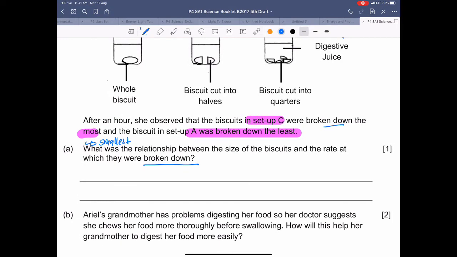So you can say that the smaller the size of the biscuits, the faster the rate at which they were broken down.